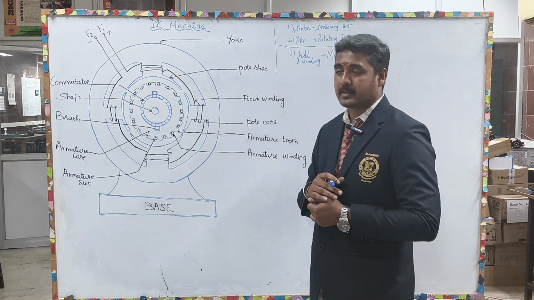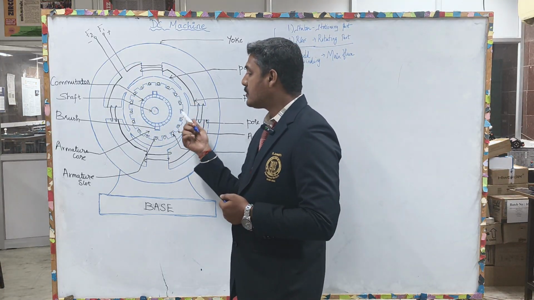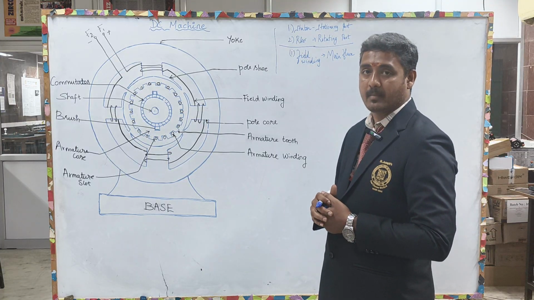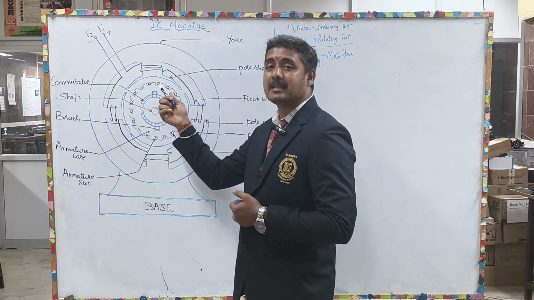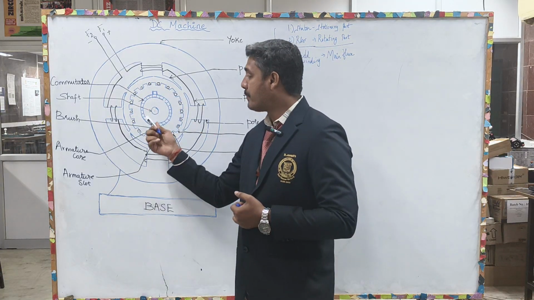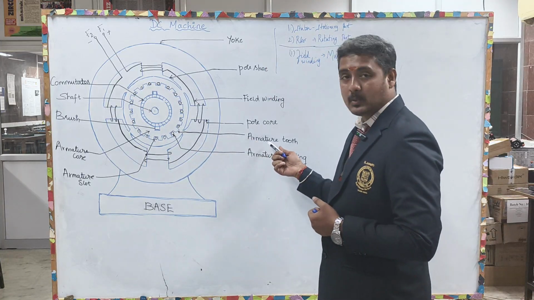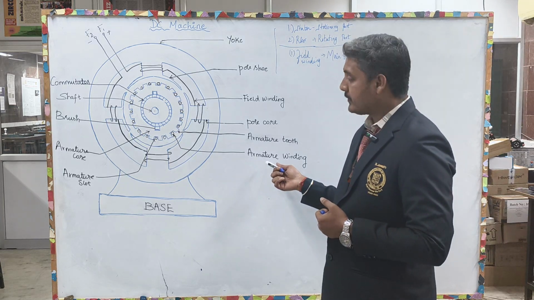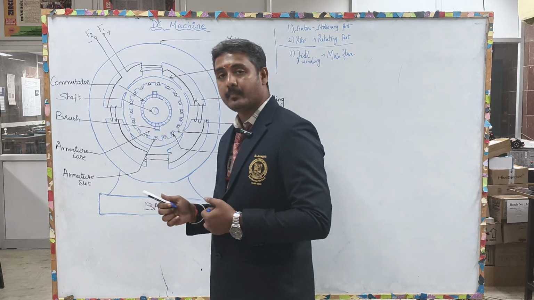armature windings. Now this armature is acting as a rotating part, that is, the rotor of the DC machine, and the armature has various parts: armature core, armature tooth or teeth, armature winding, and armature slot.